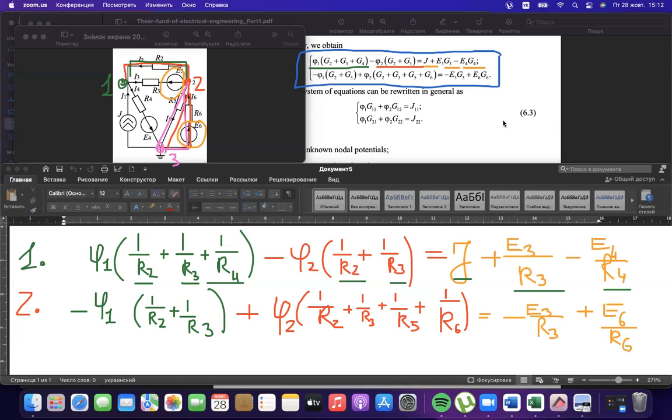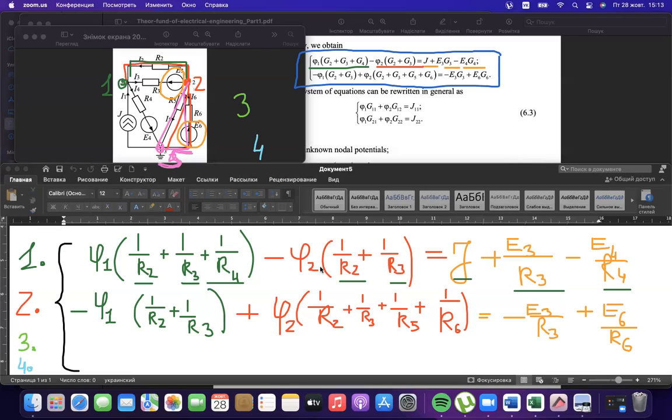Which type of system do we have? In some more complex case, we could have equation number 3, equation number 4, and so on, depending on how many nodes we have. If, for example, in some system we have node number 3, node number 4, and some connections with these nodes, the 0 node will be node number 5, and we could obtain a larger system.